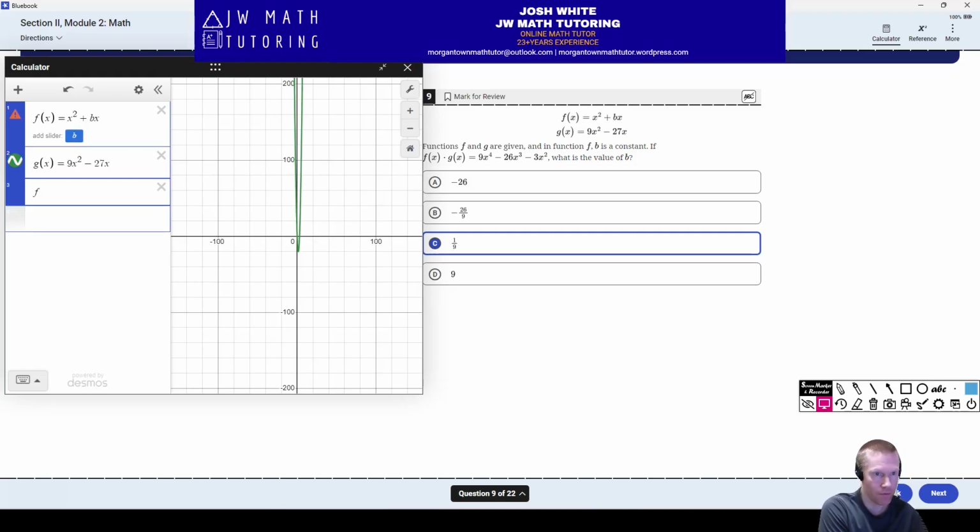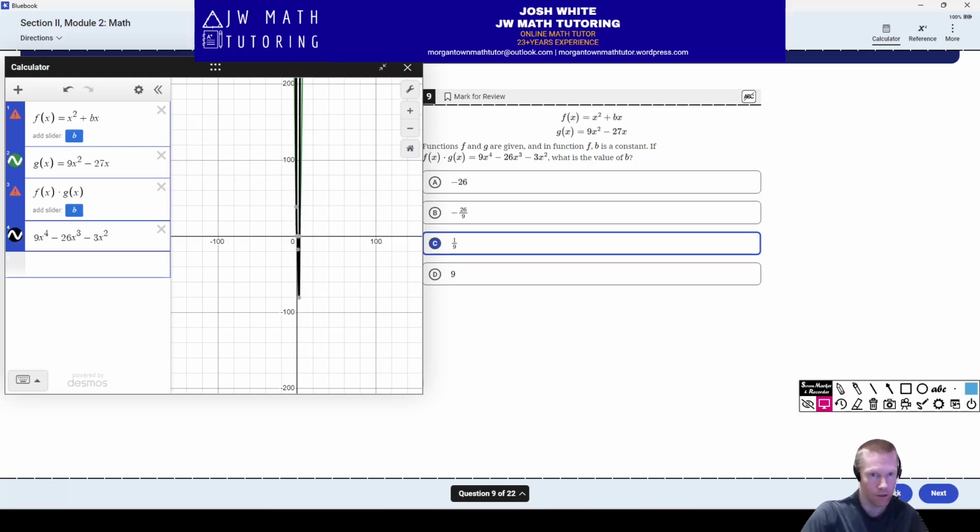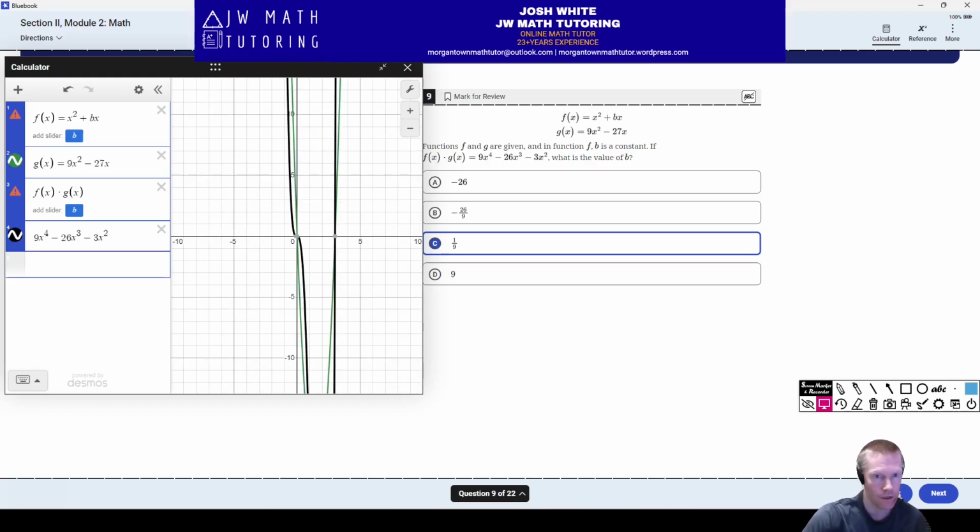Then I have the product of the two functions. And then lastly, I type what the product of the two functions is given to equal. Let me just go back to a default view. I'm going to take this off. I don't need this. Now I can add the slider for B.